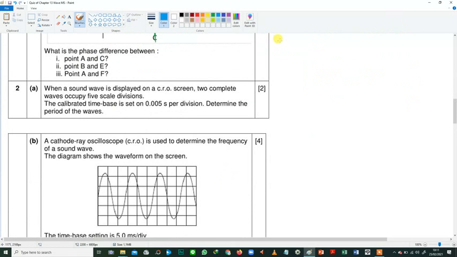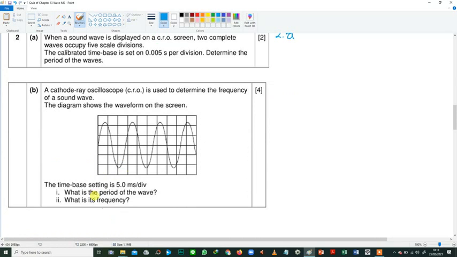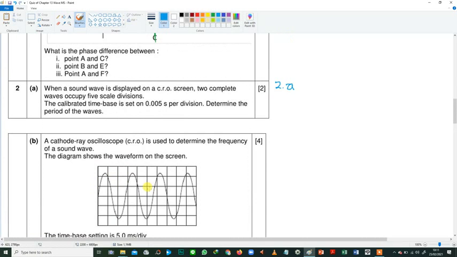Question number 2 is basically a question about finding frequency in the CRO. What is CRO? Sorry, CRO means cathode ray oscilloscope. So let's see.